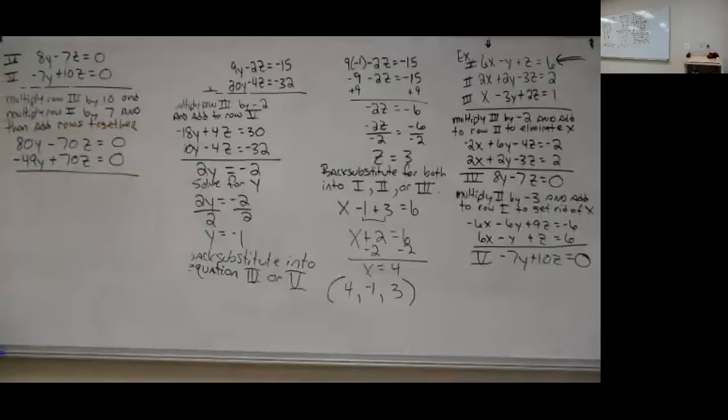The z's are going to cancel now because we got 70 and negative 70. So now let's see, what is 80 minus 49? Like 31. So 31y, z's cancel, and all of that's equal to 0.